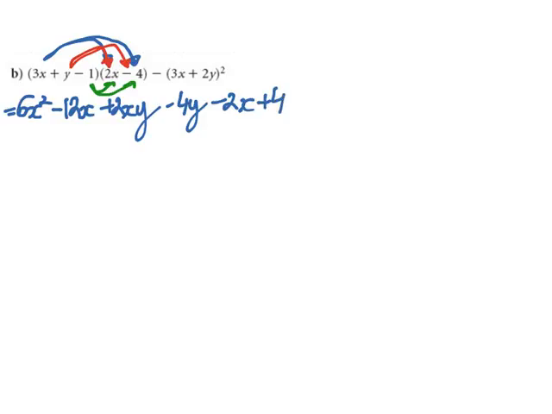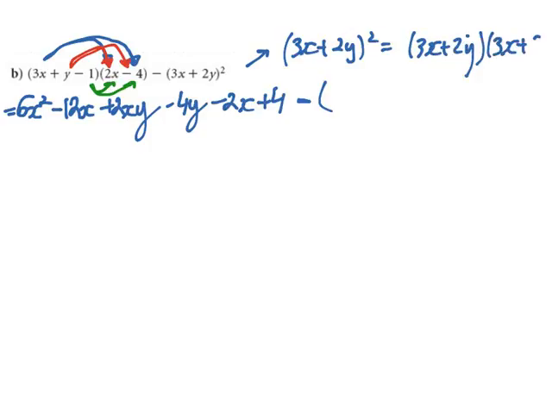And minus, now don't forget that 3x plus 2y squared is the same thing as 3x plus 2y times itself. And I'm just going to rewrite it while looking at which terms are common.